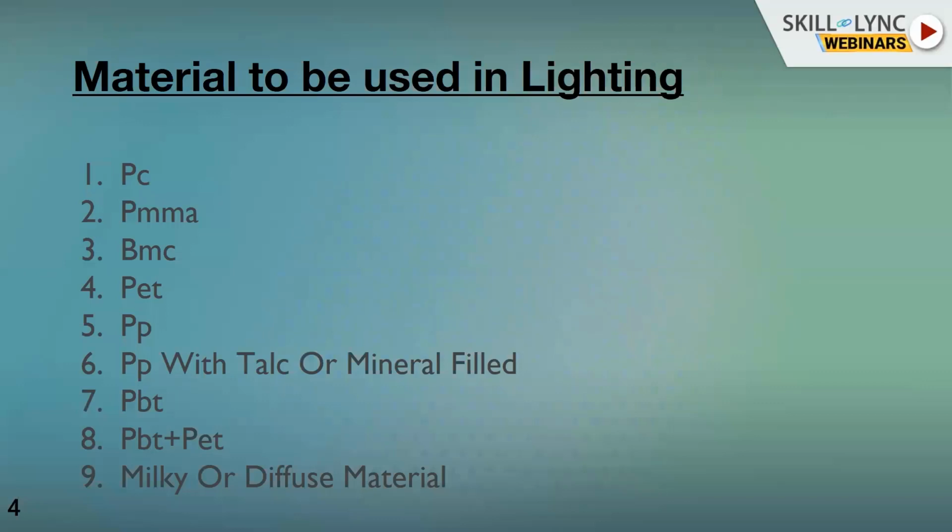In the same manner, for the reflector, BMC, PET, or PC: if you need a high temperature resistant material, then BMC is used. But nowadays, when we are majorly focusing on LED type lamps, heat generation is not that high, so we can use PC material for the reflector also.